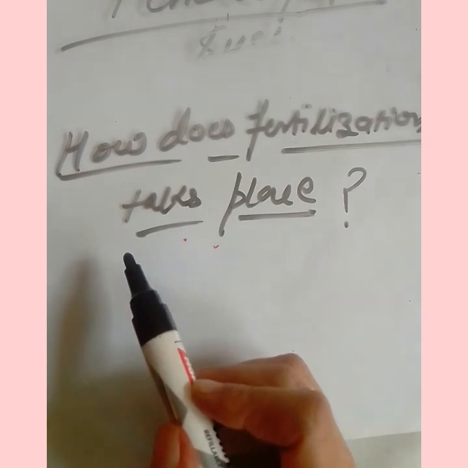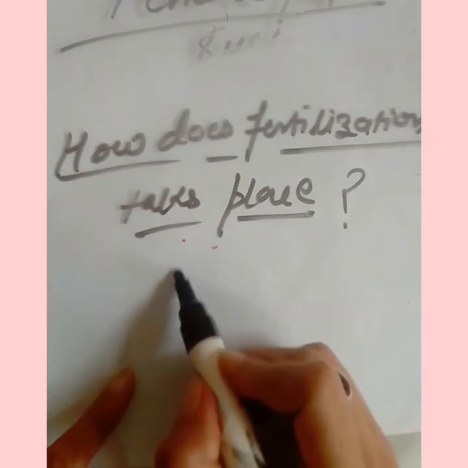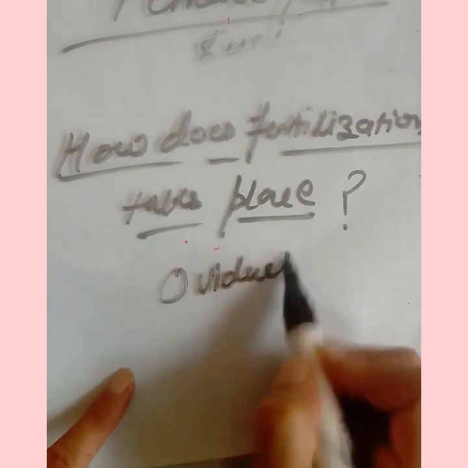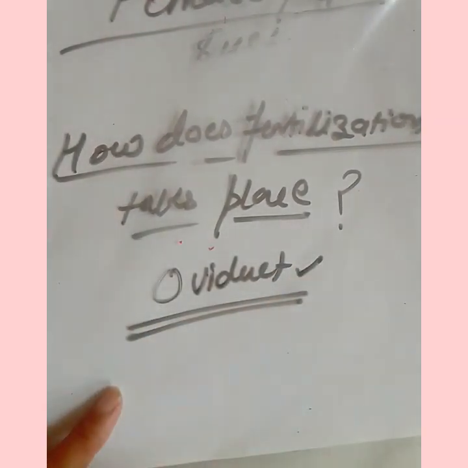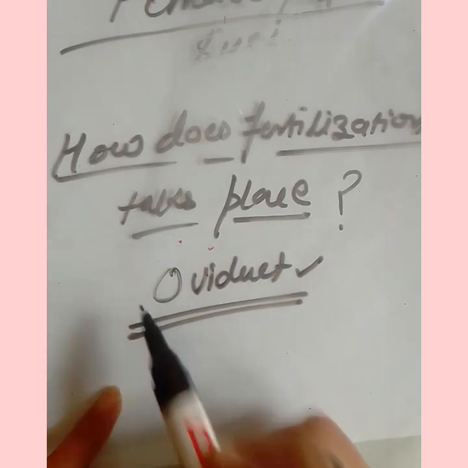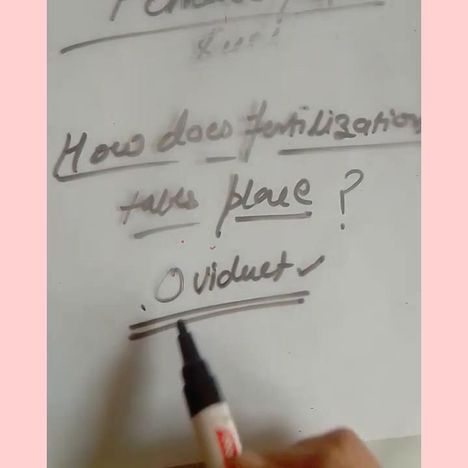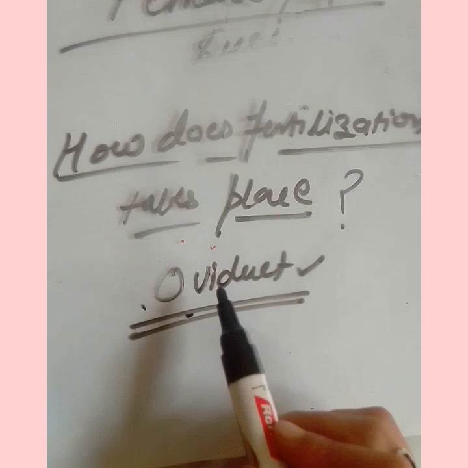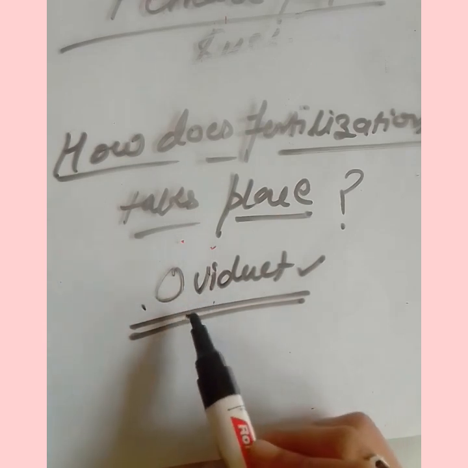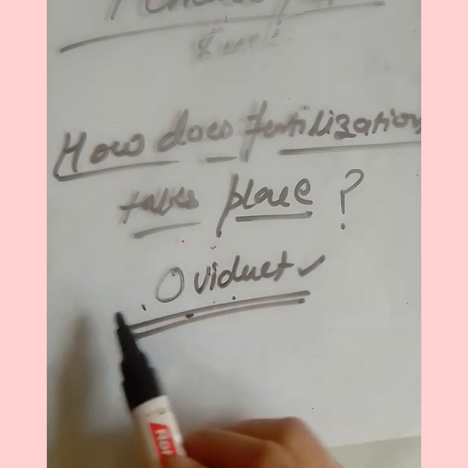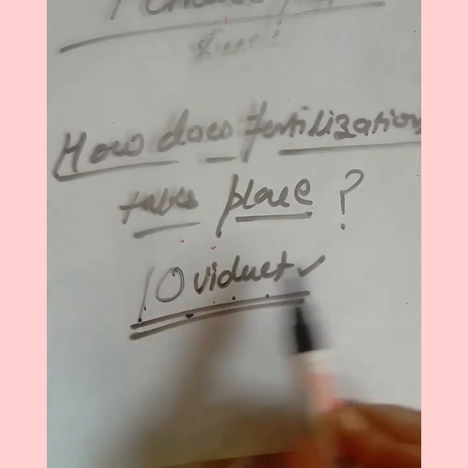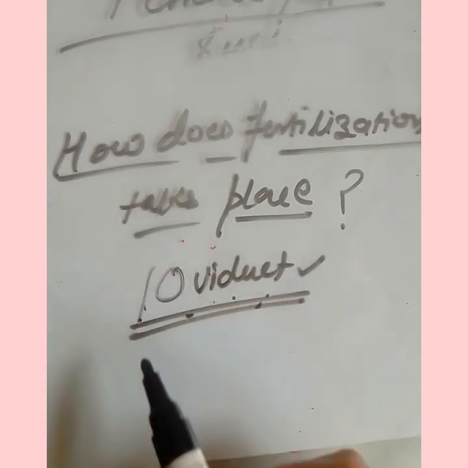In books, oviduct may be written somewhere. Oviduct is also the fallopian tube. Oviducts are ducts which arise from the ovaries and bring ova or eggs. So in the initial part of the oviduct there will be fertilization. Fallopian tube and oviduct are the same thing, students, don't get confused.